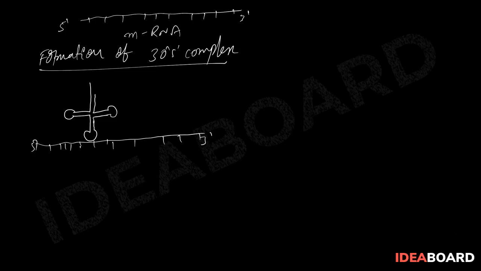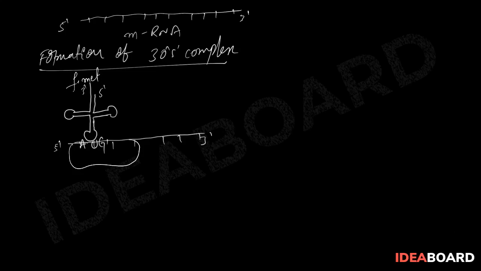Here you can take AUG. In prokaryotes, the AUG codes for formyl methionine. The 30S complex will be formed, and the tRNA is, this is 3 prime and 5 prime.